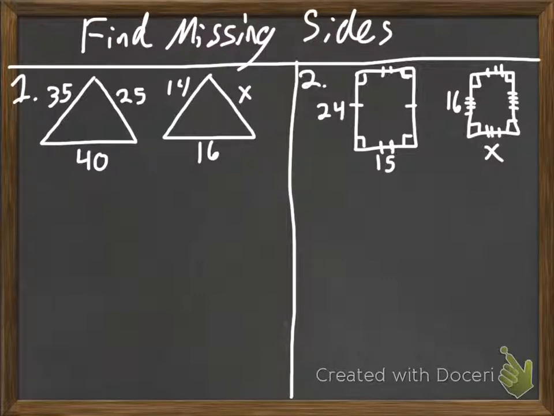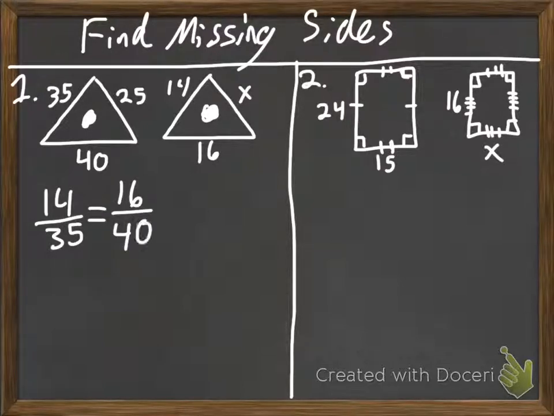Because with the triangle, we need to make sure that we match everything up. So we know that these two triangles here are similar. Now we just got to pick the correct ratios. So what I'm going to do is look at this and think that, well, maybe 14/35 is equal to 16/40.